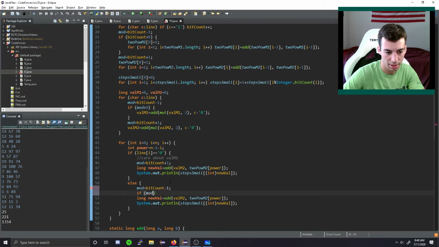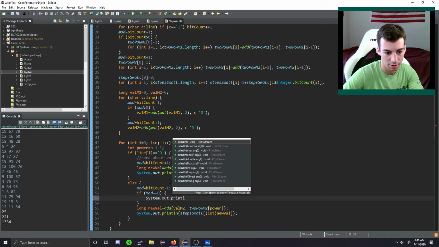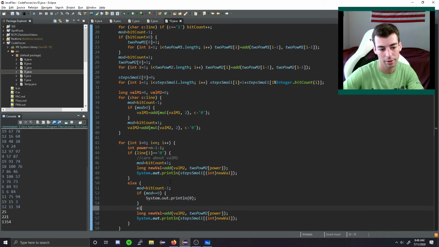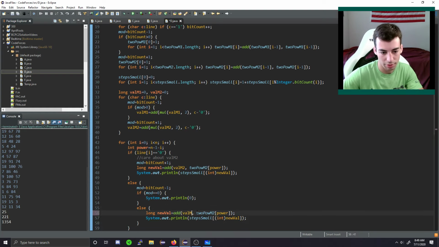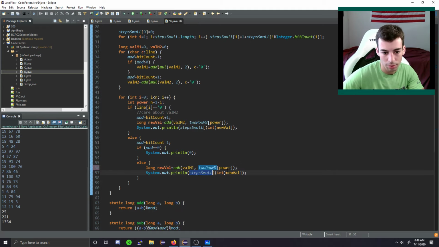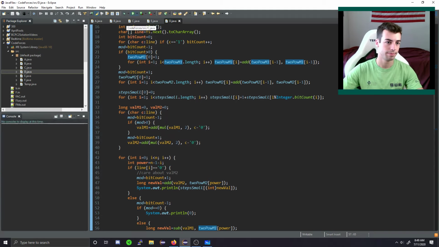So if mod is equal to 0, that means everything is a 0, so then system.out.println 0. Otherwise, then we care about stuff under mod of M1, and really we want to subtract this thing at this power, and now we want that step small. Okay, I think that's fine.